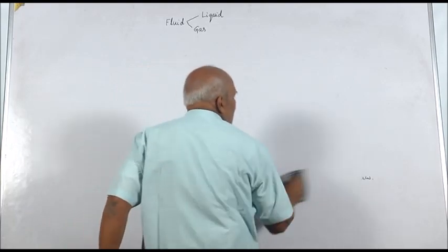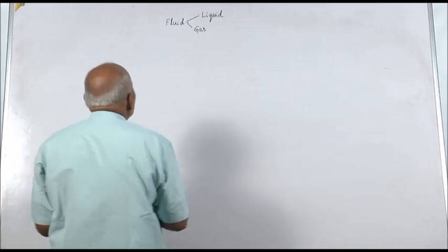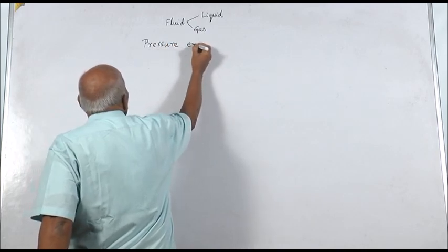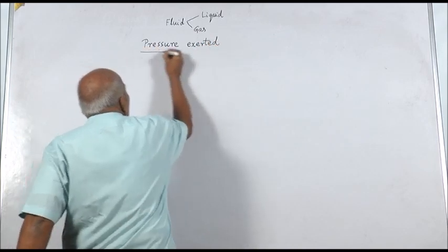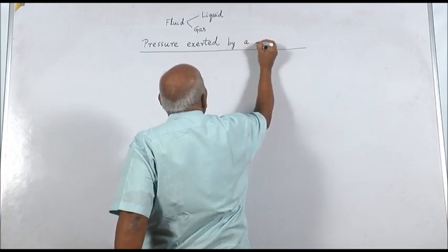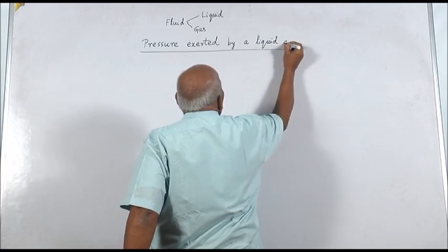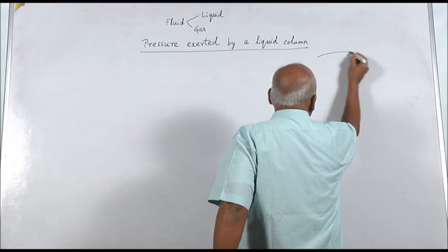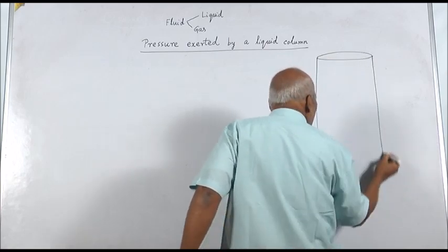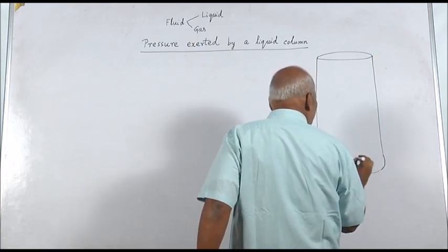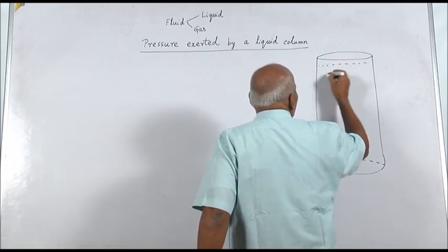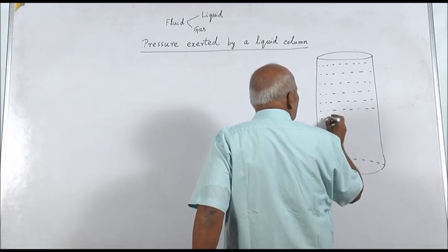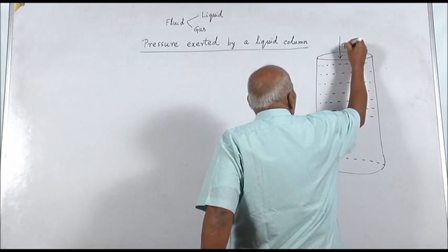So, to find the pressure exerted by a liquid column, let us think of a wide cylinder having some liquid, maybe water, maybe any other liquid also, and on the surface of the liquid the pressure is the atmospheric pressure P0.